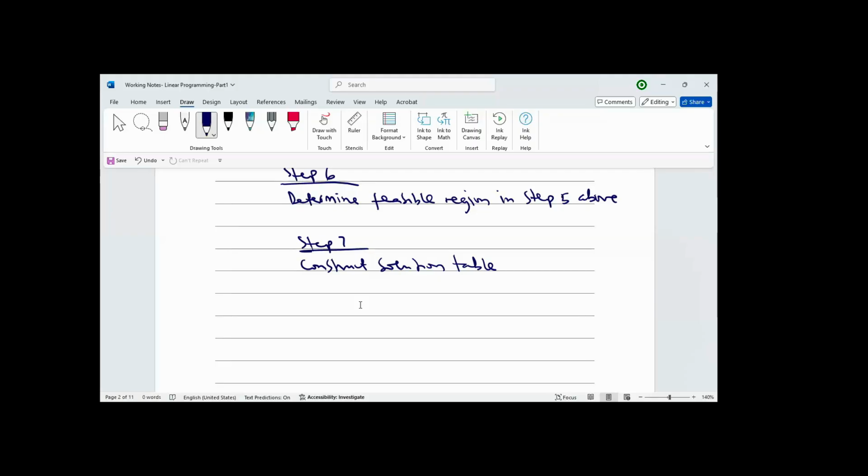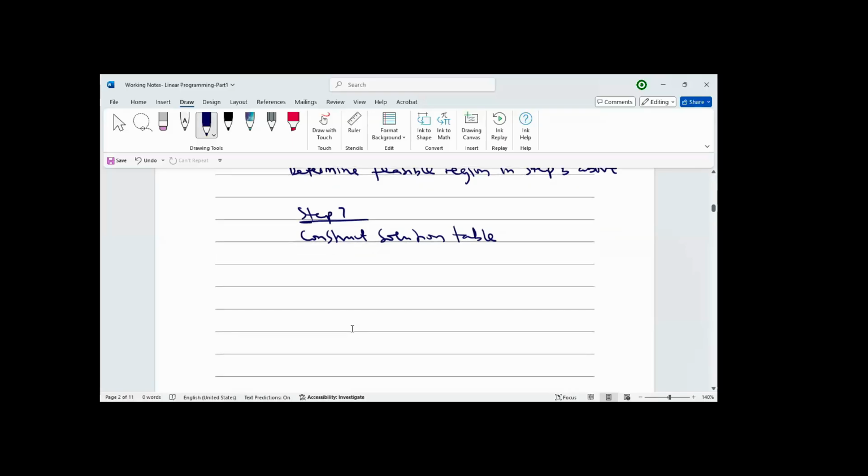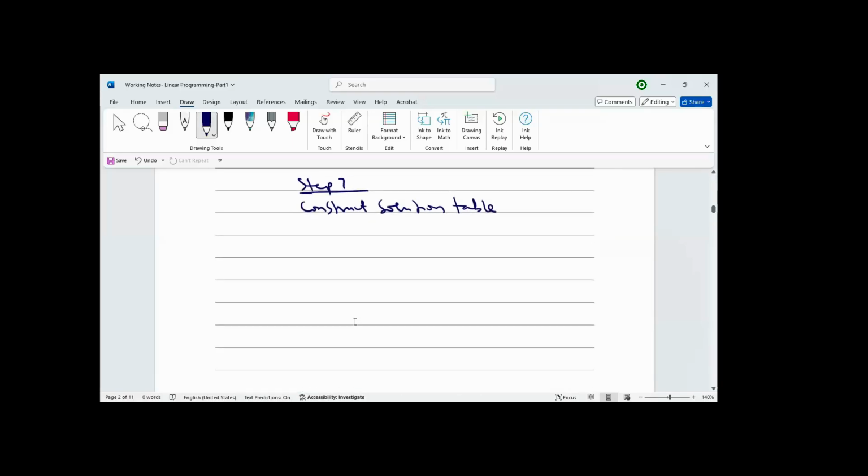In this solution table, if you want to maximize contribution, you are going to select the highest contribution margin. If you want to minimize cost, you select the lowest cost. Again, when you see live question, I will explain more in details. Then step 8, which is the final step.